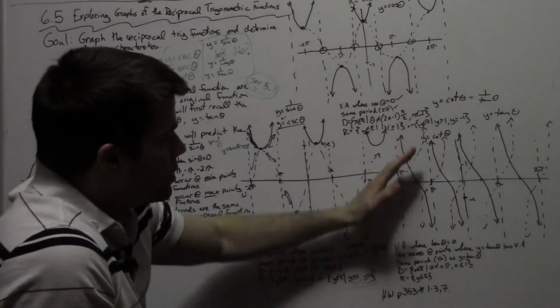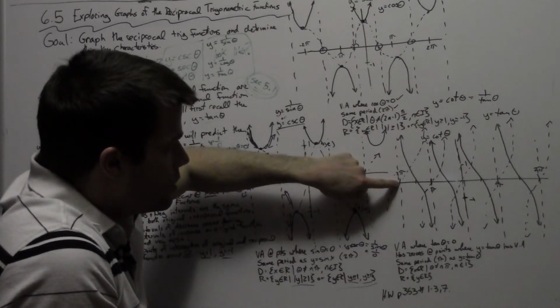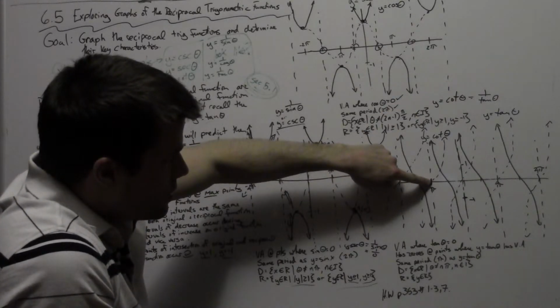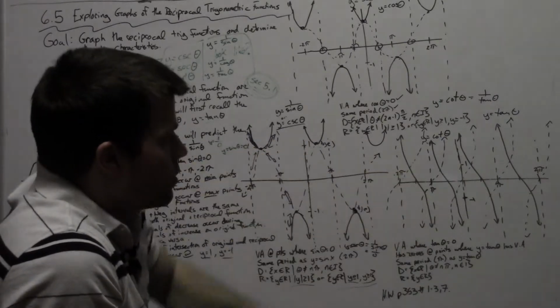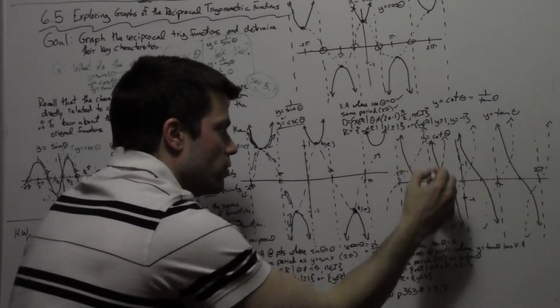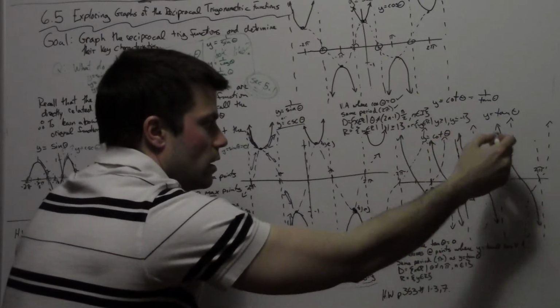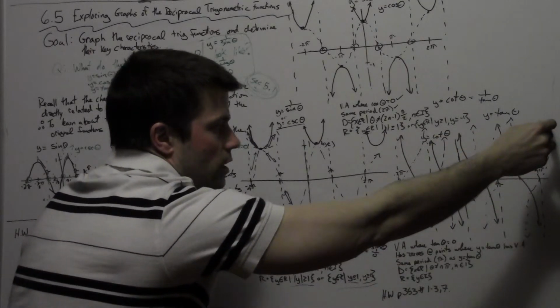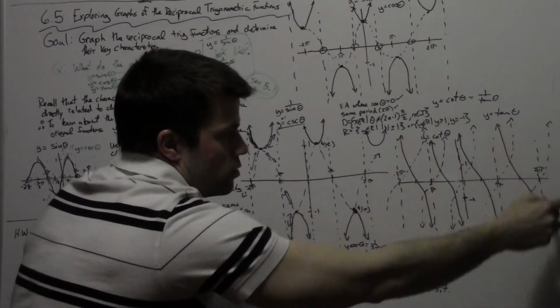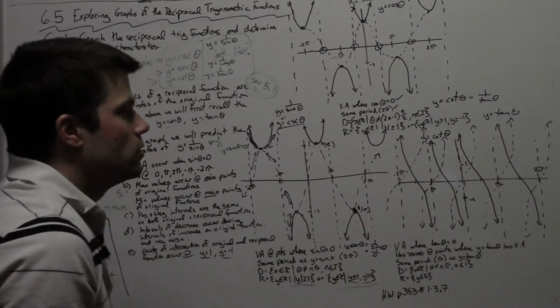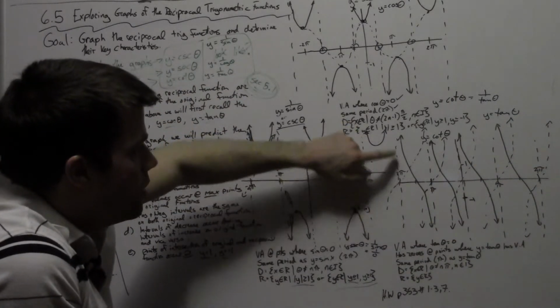So our original function is here in blue. Where they were 0, they crossed the x-axis here. That's where now we have vertical asymptotes. So right here we have a vertical asymptote at negative pi, negative 2 pi, pi over here, and 2 pi here. Okay, so those are our vertical asymptotes now.